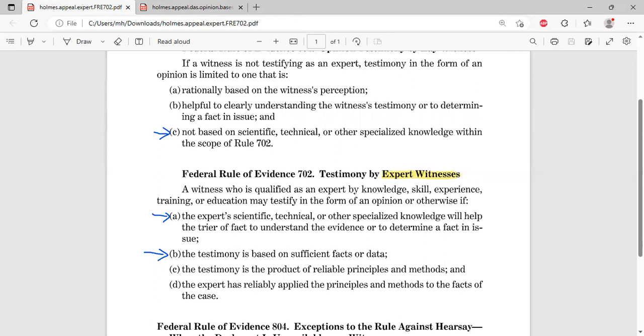Elizabeth Holmes is arguing, and the National Association of Criminal Defense Lawyers are saying, how is the testimony that Dr. Doss gave based on sufficient facts or data when the data is missing? Because Elizabeth Holmes was not provided with these validation reports, the quality control reports, etc., all the information that Dr. Doss relied upon when he did that retroactive analysis from 2014 and 2015.